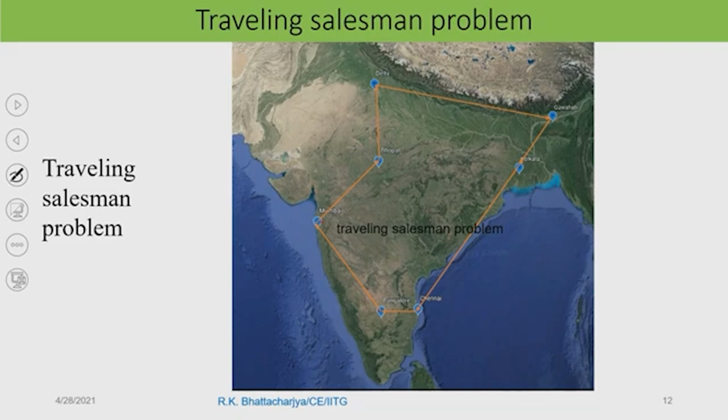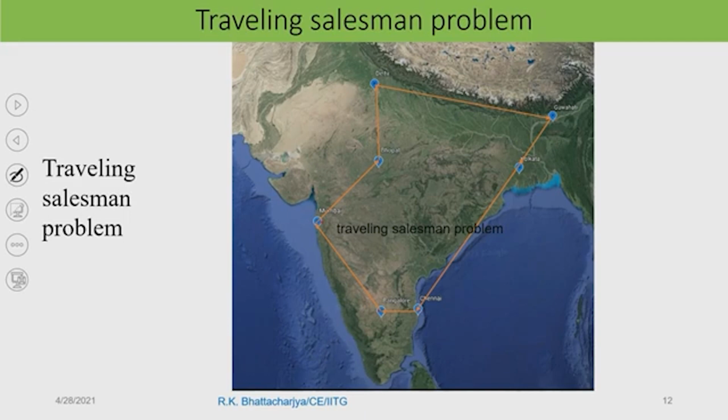Nowadays you have seen that flights are giving connectivity to different locations. If somebody is trying to go from Mumbai to Delhi, maybe he can take this flight, but when the flight is going from Mumbai to Guwahati, maybe it goes first to Bhopal, or Mumbai to Delhi, Delhi to Guwahati, or something like that.